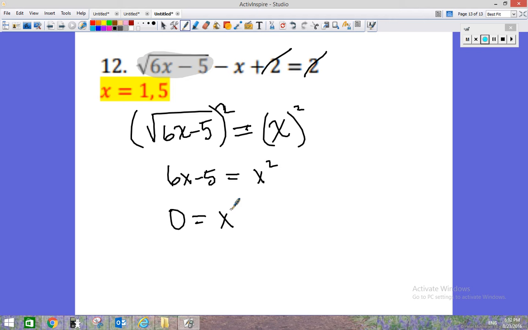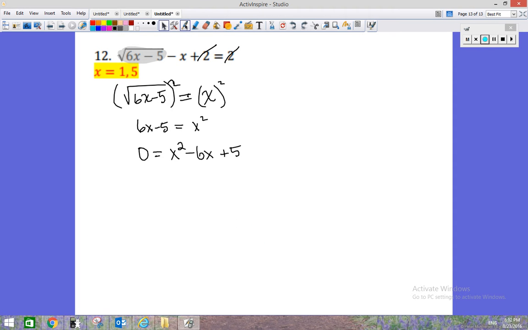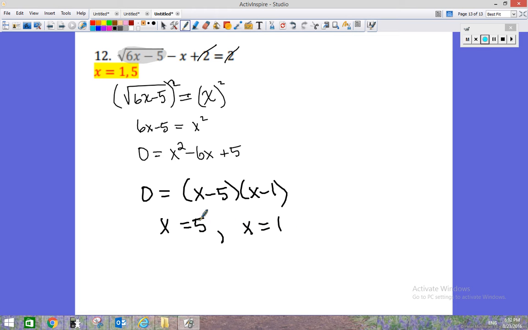Let's set that equal to 0, and if we can't factor it, we'll use the quadratic formula, but it looks like we can. x minus 5, x minus 1, so x is 5 and 1. So let's plug in the original equation and see if 5 checks.